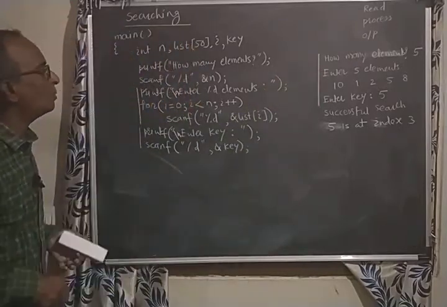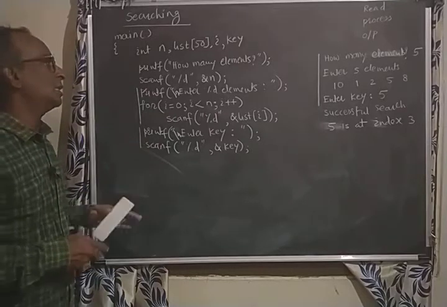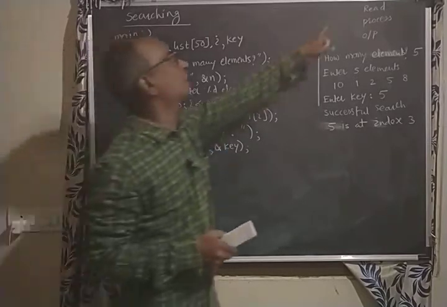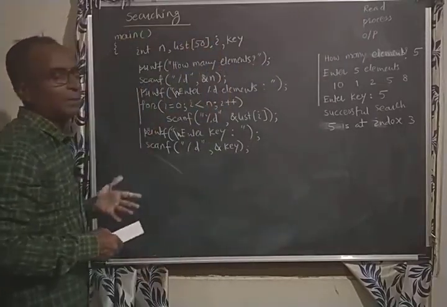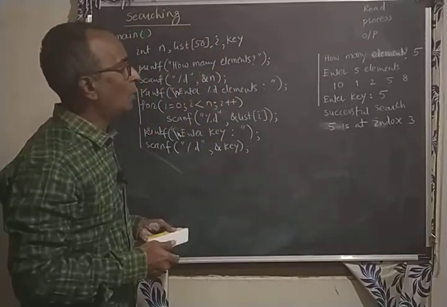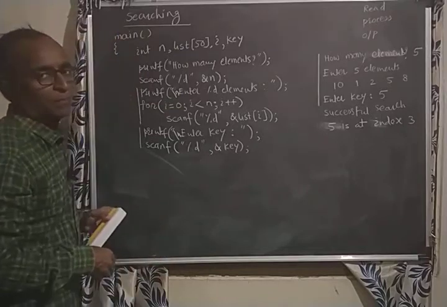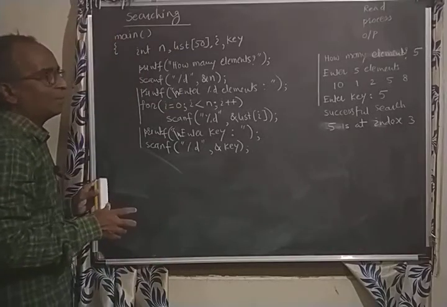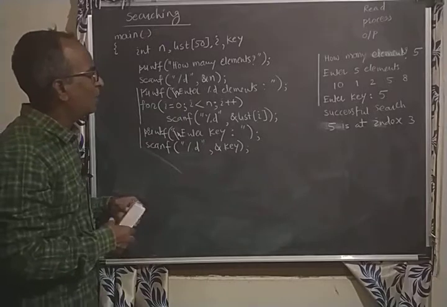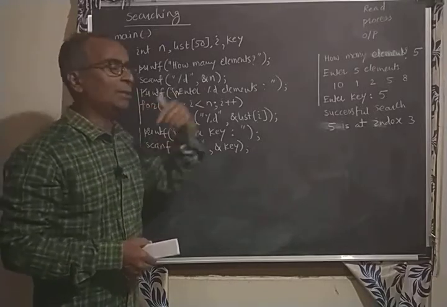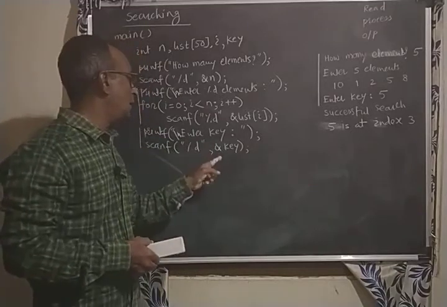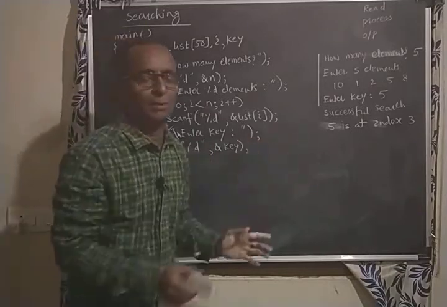Now what I want to do is, this reading business is over. I want to write a function for finding this, function for this linear search. So how, see, when you are writing function, that means you are giving list of elements and the key to be found to other person.